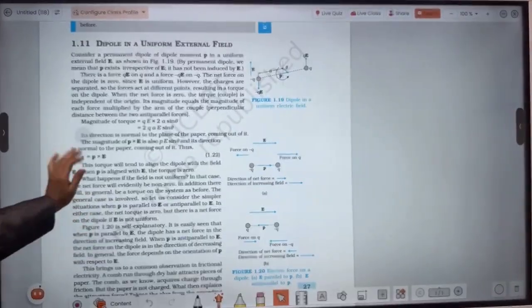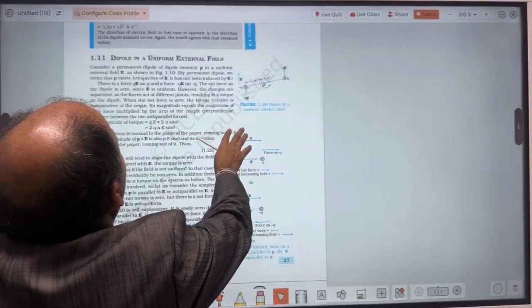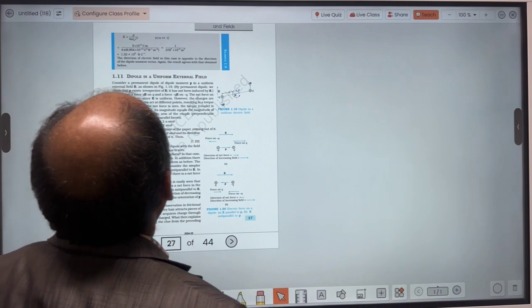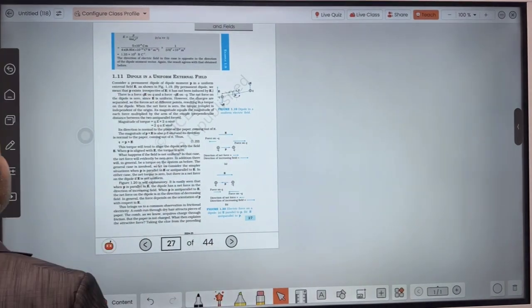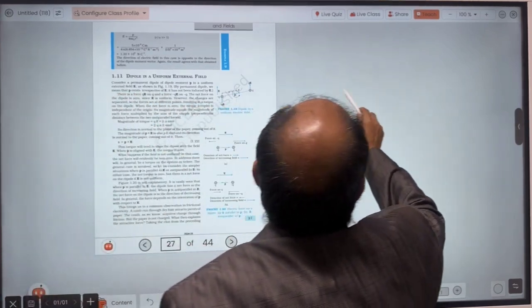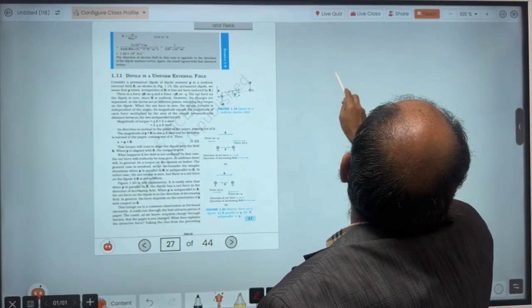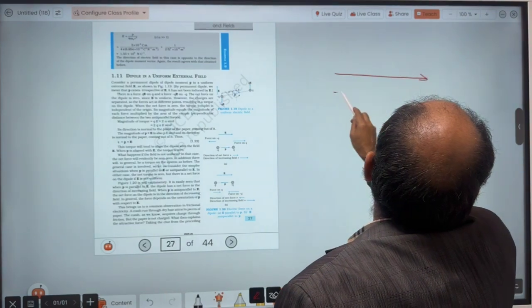Now, next point is, what happens when a dipole is placed in a uniform electric field? So suppose electric field is directed like this.